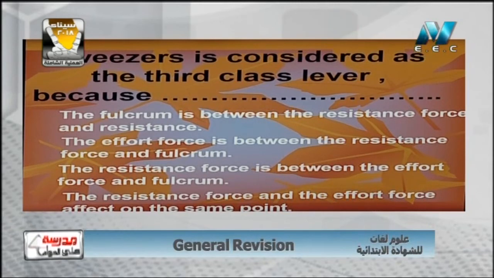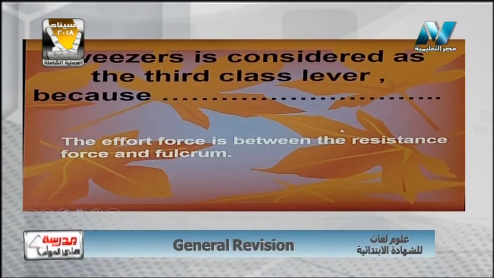Number 4, the resistance force and the effort force act on the same point. How come here? We have two choices in this give reason. So it is a third class lever because the effort force is between the resistance force and the fulcrum. So the resistance arm is greater than the effort arm or force arm. Okay.